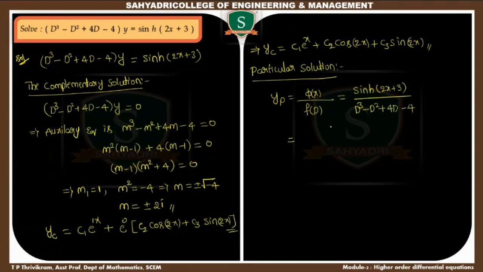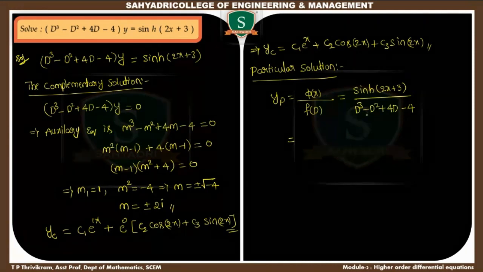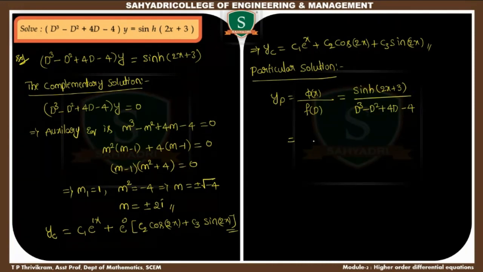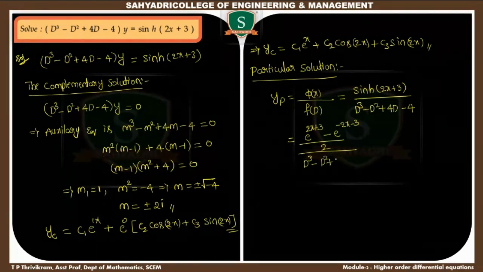So write this in terms of the definition of sinh x. Sinh x is nothing but e power 2x plus 3 minus e power minus 2x minus 3, divided by 2, whole divided by d cube minus d square plus 4d minus 4.